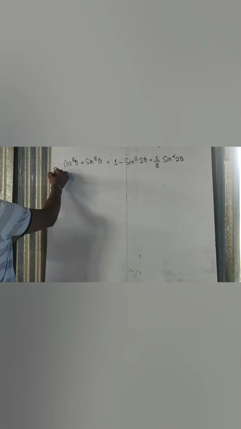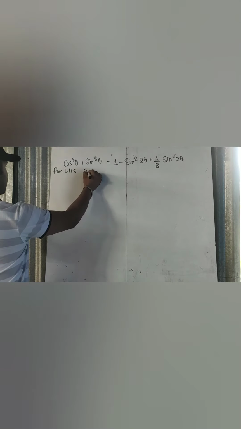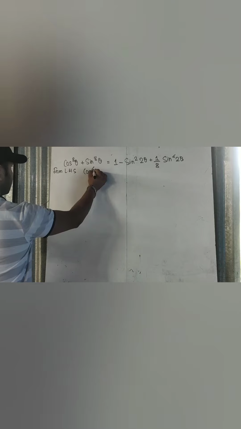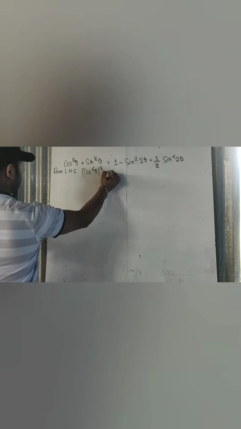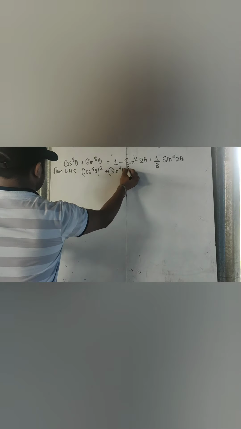Here we are solving the problem from LHS. You have cos power 8 theta. This can be written as (cos power 4 theta) whole square plus (sin power 4 theta) whole square. Now we can compare this with A square plus B square. The formula of A square plus B square is (A plus B) whole square minus 2AB.